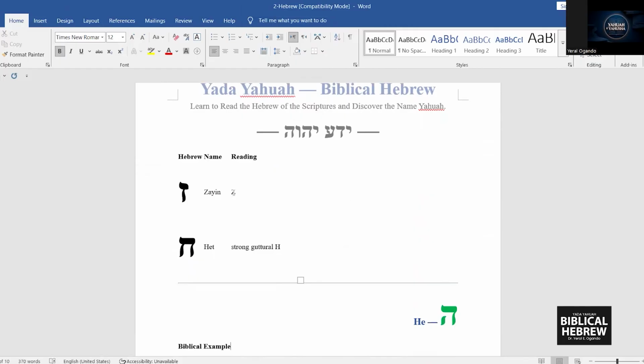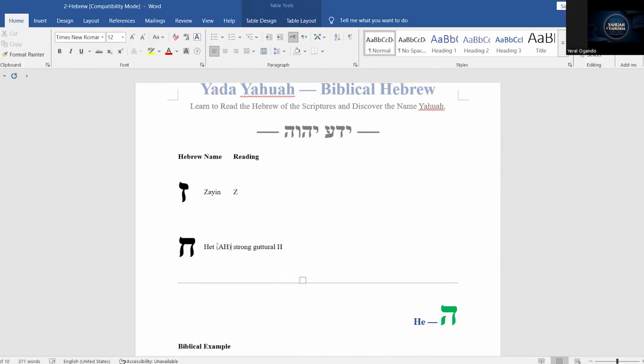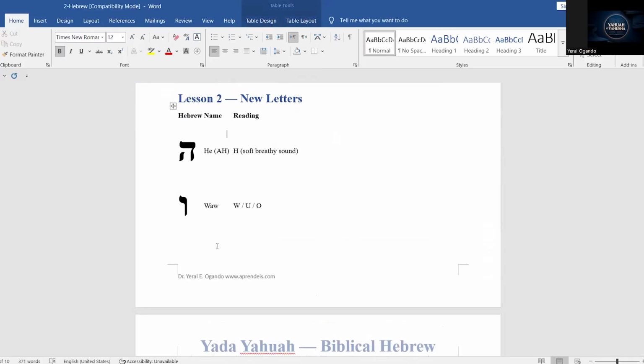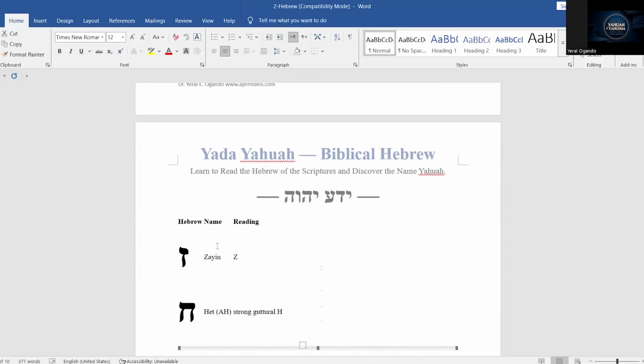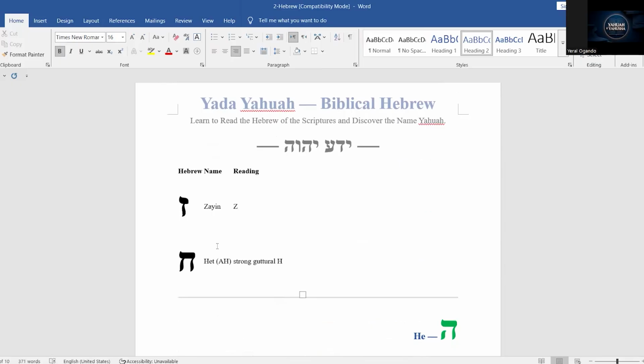And the last one is Het, very strong, the A sound but very strong, in the back of your throat. So: He, Wow, Zayin, and the fourth is Het.